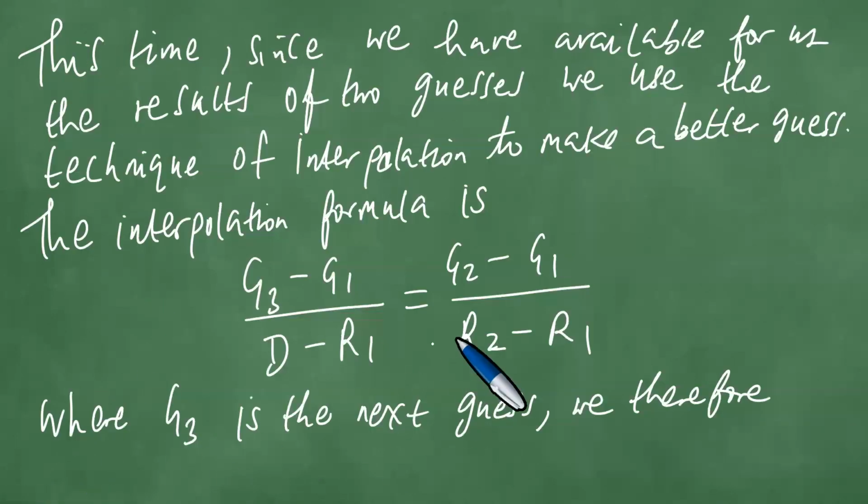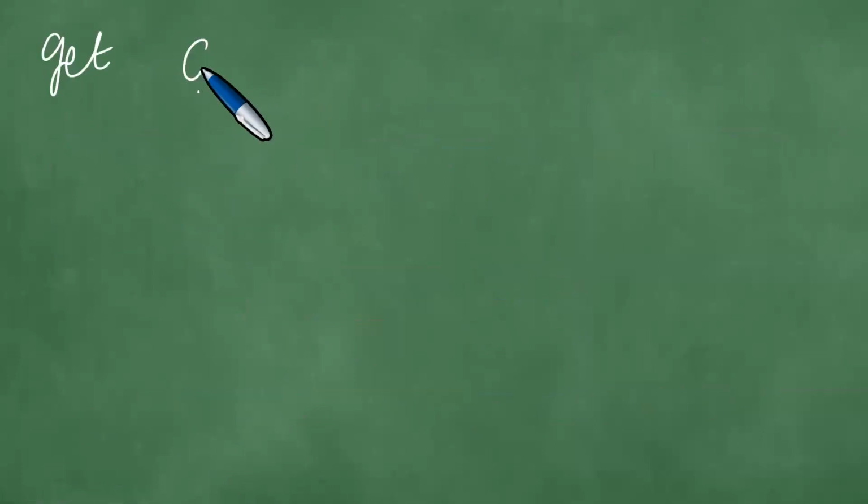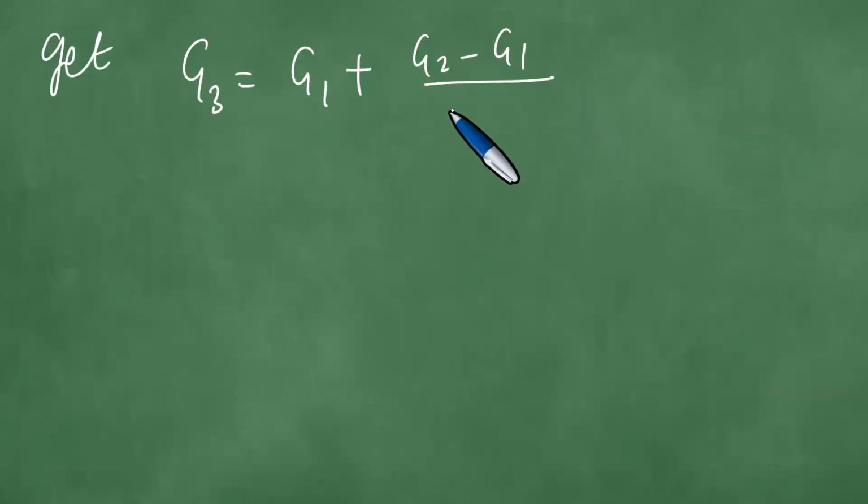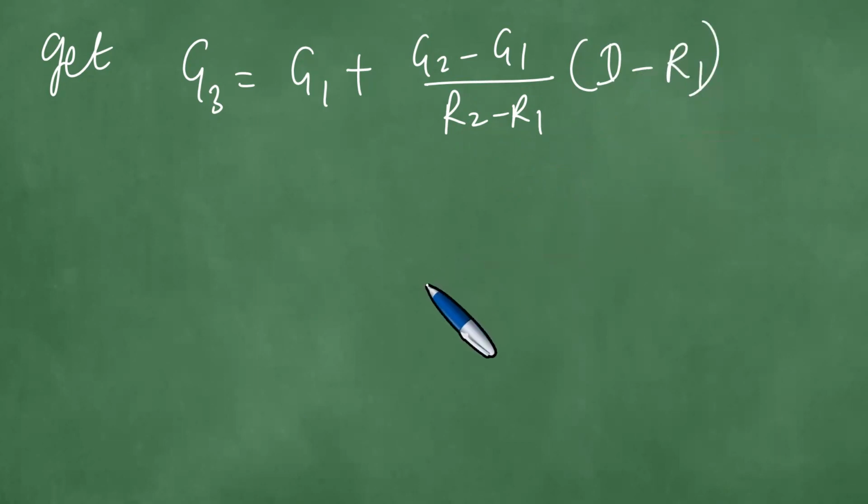Let's make G3 the subject here. If we cross multiply, this D minus R1 is going to sit on the other side, and then it's going to be plus G1 there. So by manipulation, we get G3 equals G1 plus G2 minus G1 divided by R2 minus R1, times D minus R1.